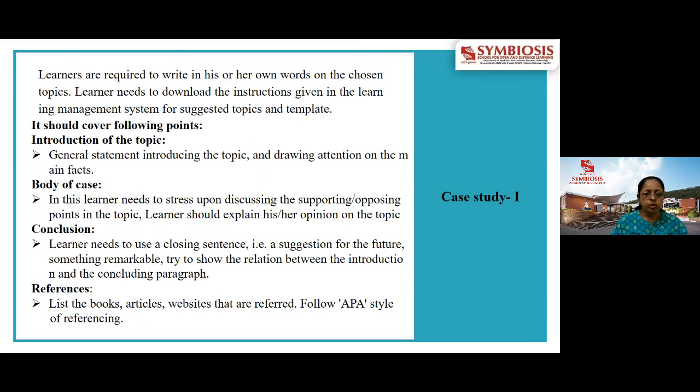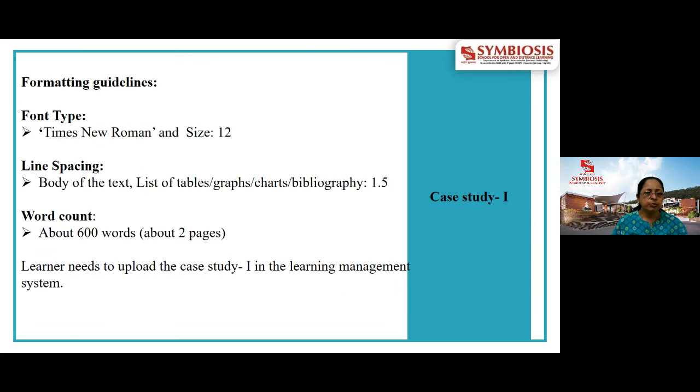Try to show the relation between the introduction and the concluding paragraph. References: list the books, articles, websites that are referred. Follow APA style of referencing. So all this is to be covered: introduction, body of the case, conclusion and references. This is about case study 1, B part.